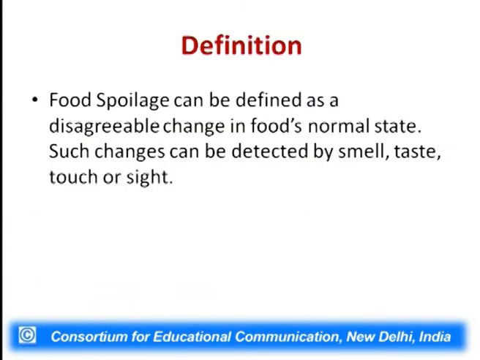So to start with, what is food spoilage? Food spoilage can be defined as a disagreeable change in food's normal state. Such changes can be detected by smell, taste, touch or sight.